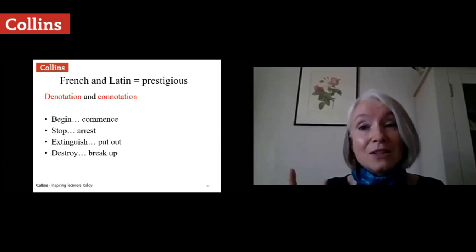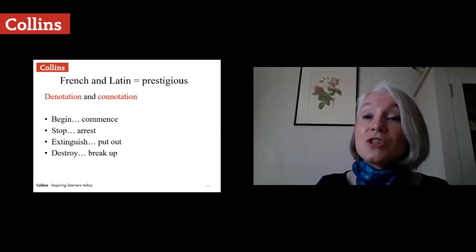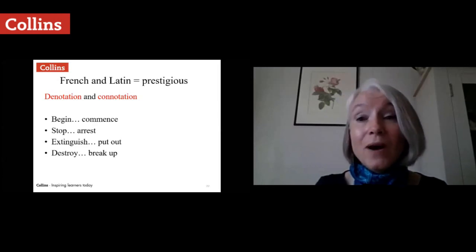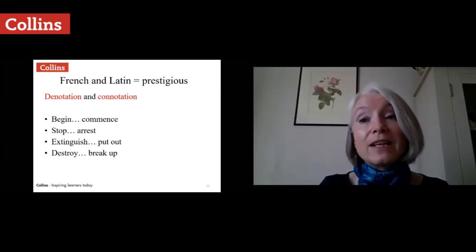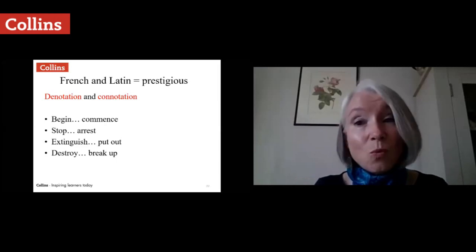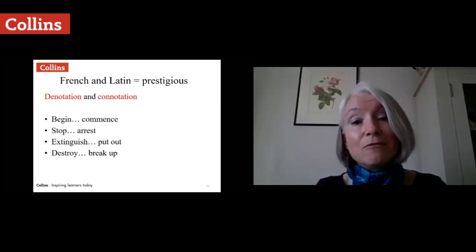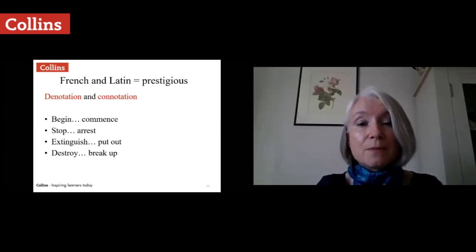So an examiner can spot a learner because they try and use what to the native speaker are actually quite high status, slightly posh words that don't have exactly the same connotation as the very common phrasal verb. So this is why it's very tempting for learners to use single words when they should be using phrasal verbs.